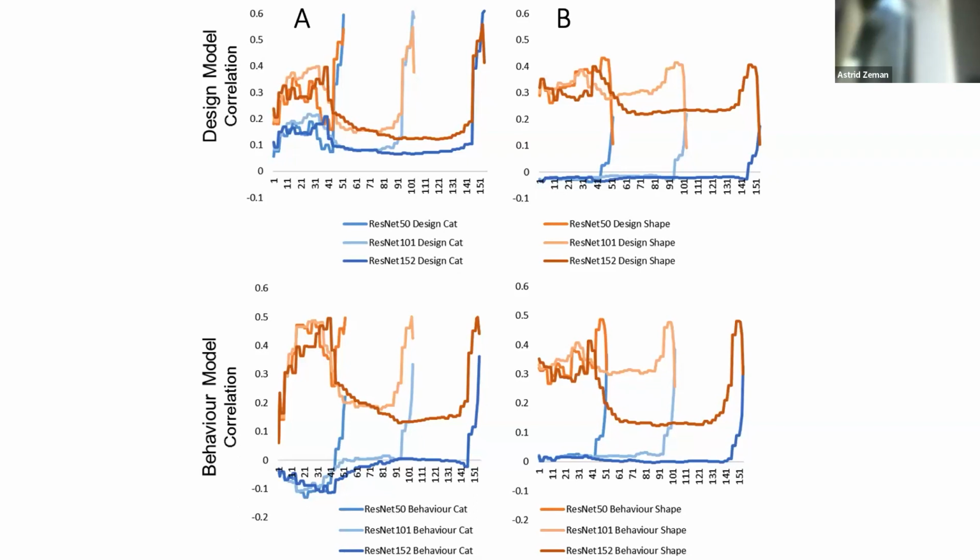So as you increase the depth of the network, it doesn't seem to be adding very much in terms of the representation of rich content, shape or category. Sorry, you can't quite see, but that column is A and that one's B. The top is, well, this is the behavioral model correlation down the bottom, so you only really want to see the bottom two graphs here.